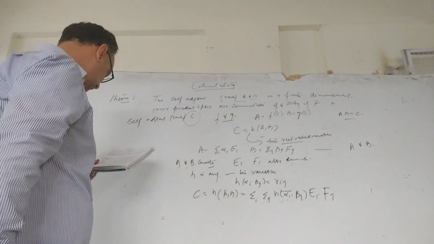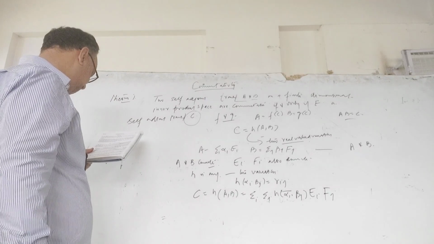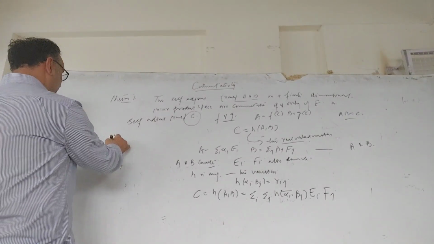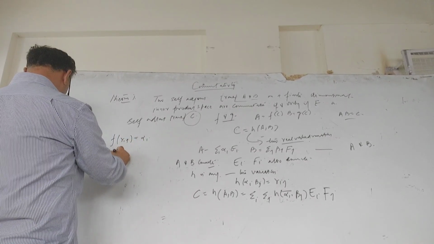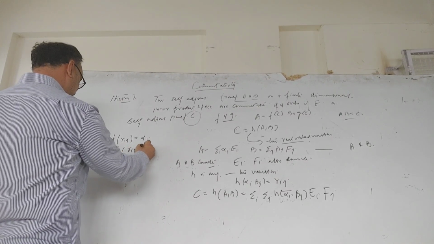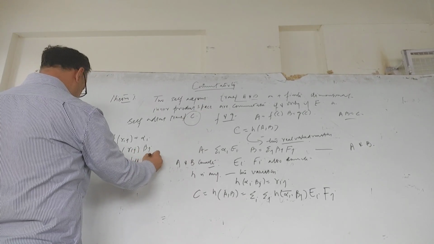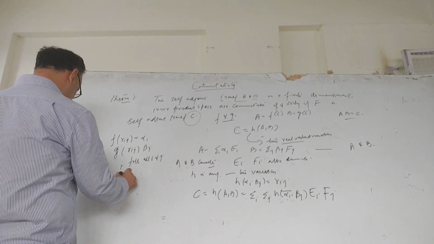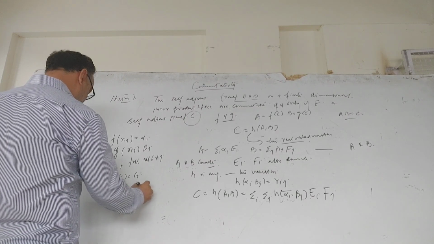Fine, so we have done this. It's clear that h may be chosen as any function, and the same is true for f and g. Well, now if we have f of gamma ij as alpha i and g of gamma ij as beta j for all i and j, then from this we can see f of C is A, g of C is B, so everything is proved.